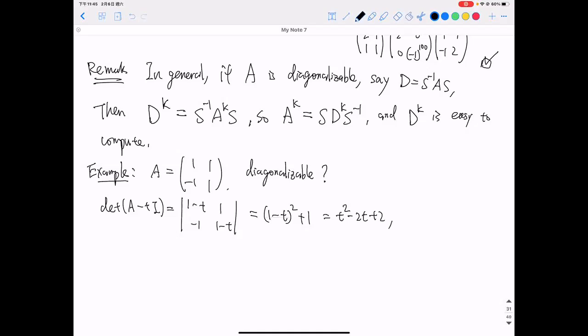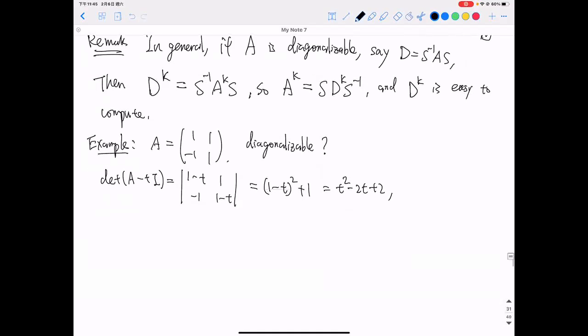What this means is that the roots, by the quadratic formula, with minus 4ac, inside is minus 4, so it's 2i after the square root. So it's 1 plus minus i.